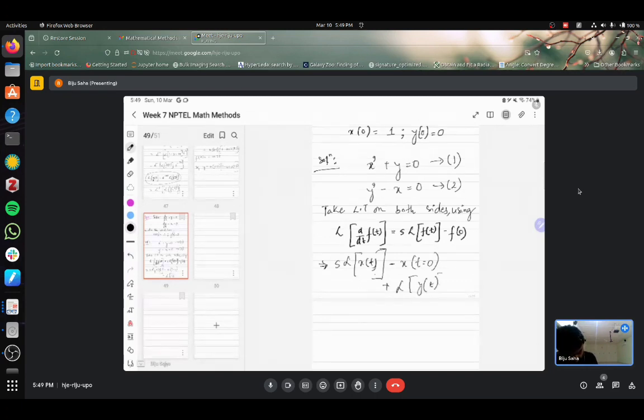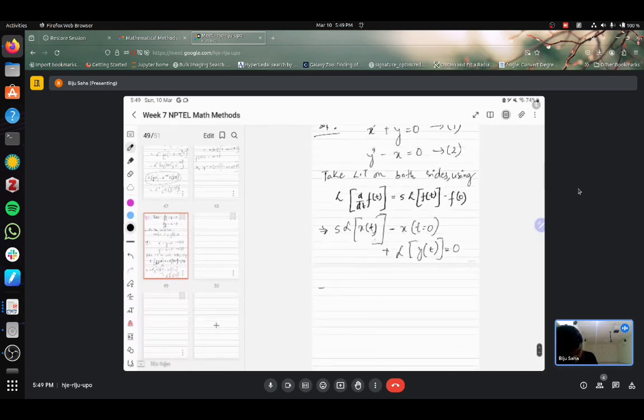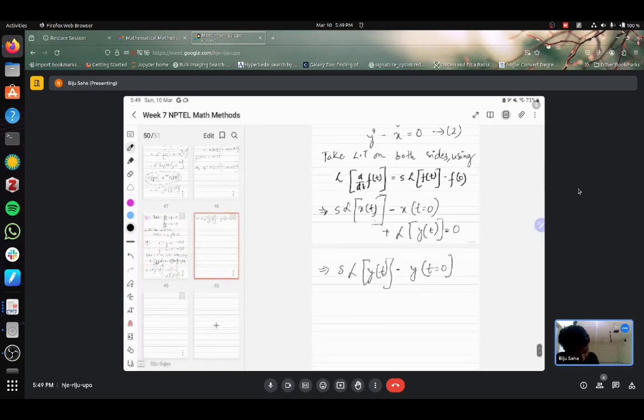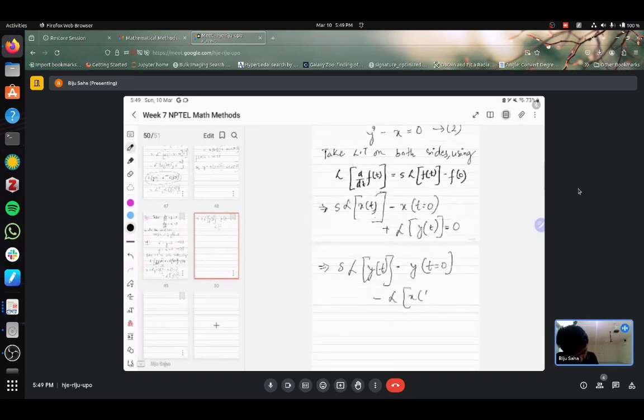From the second equation, in the same format, s times Laplace transform of y(t) minus the value of y at t equal to 0, minus Laplace transform of x(t).